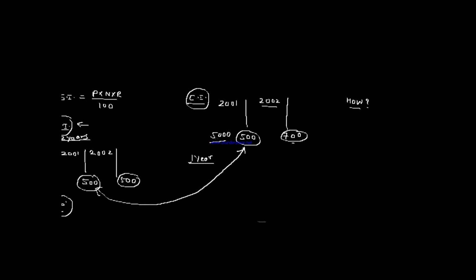So for the next year, 2002, my principal amount will become 5,000 plus 500, meaning the initial principal amount plus this compound interest. So this is my P2, the principal amount for the second year. Here the principal amount is increasing, and that's why the compound interest is also increasing. So this is the basic idea about SI and CI.